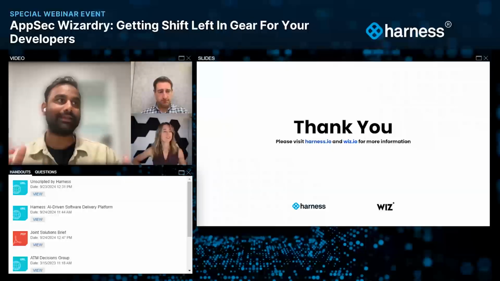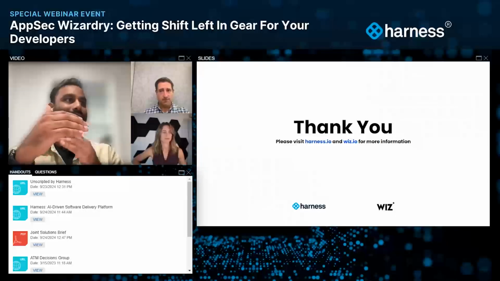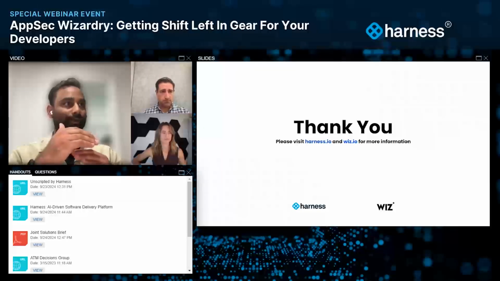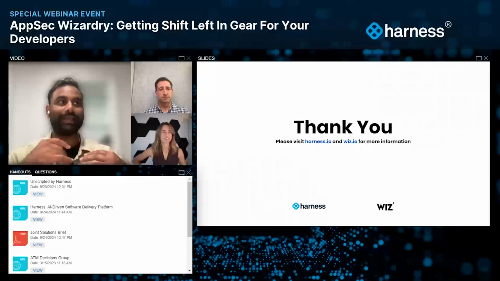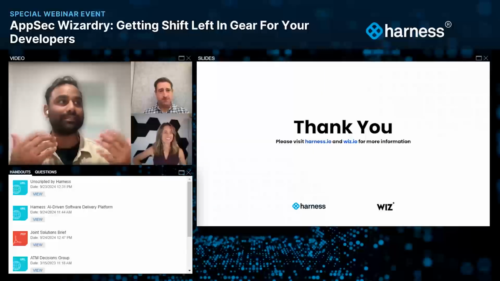So if you're developing in your VS Code, you're normally getting your errors, why not attach the security and the vulnerability information right there? No developer is going to look at that and say, I'm just going to keep going. It's something that they're going to want to fix in the moment. So for me personally, I think it is the best way.